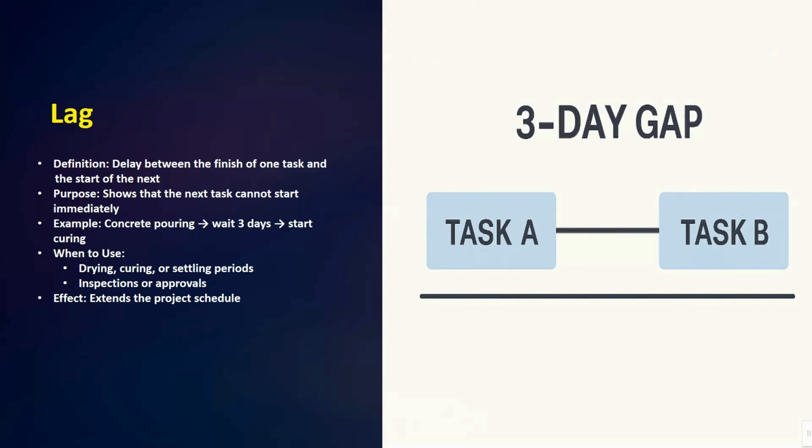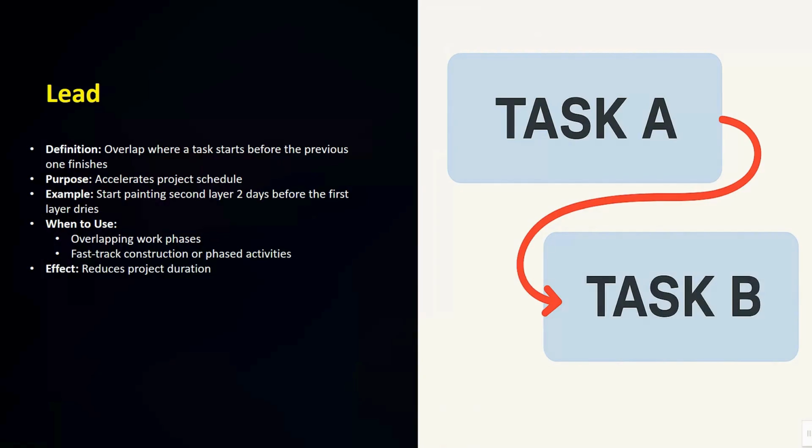Now let's move next. Next we have the lead. Lead is actually used for overlapping. Here you can see task A is not completely 100% done, but we have started task B, with a relationship of FS, meaning finish to start. The definition is overlap, where a task starts before the previous one finishes.